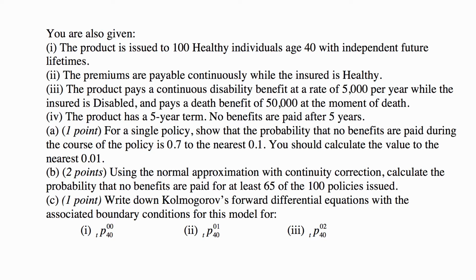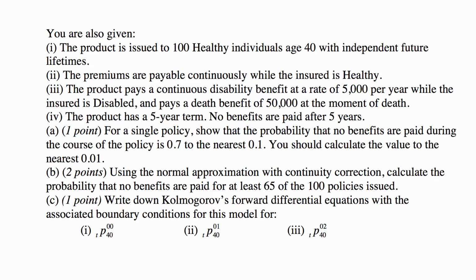You are also given that the product is issued to 100 healthy individuals age 40 with independent future lifetimes. The premiums are payable continuously while the insured is healthy. The product pays a continuous disability benefit at the rate of $5,000 per year while the insured is disabled, and pays a death benefit of $5,000 at the moment of death.